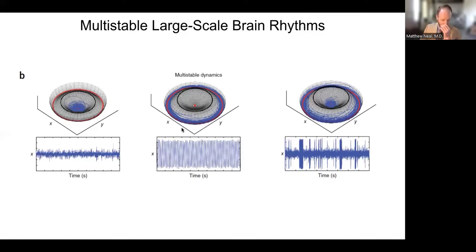But importantly, if there's no noise in this system, then they typically don't switch back and forth. But when you inject a bit of noise into these multi-stable attractor systems, you get this function that's jumping back and forth as it evolves between one attractor state and another.